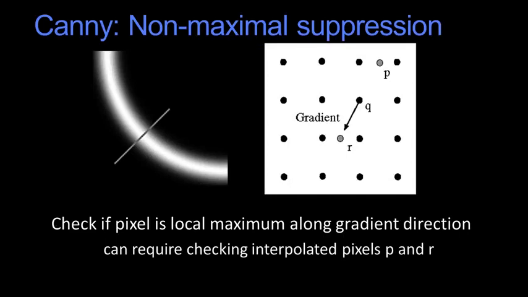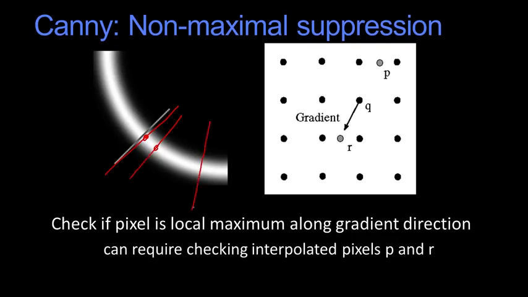So the way the non-maximal suppression, the thinning, is done in the Canny operator is as follows. And you're not going to have to implement this. I just want you to be aware of what's going on. Basically, it finds areas of high gradient, and it looks across in the direction of the gradient, and it finds just the peak there. And then over here, same thing, it would find the peak here.